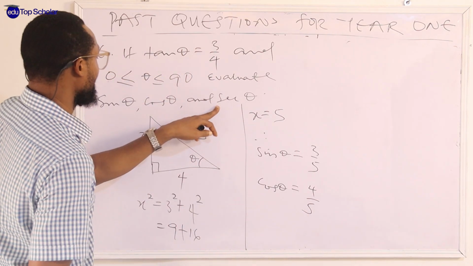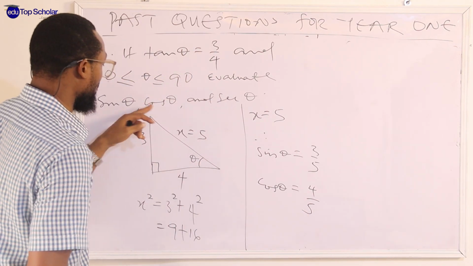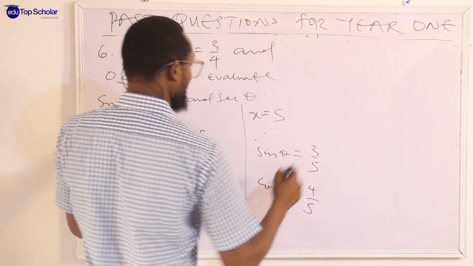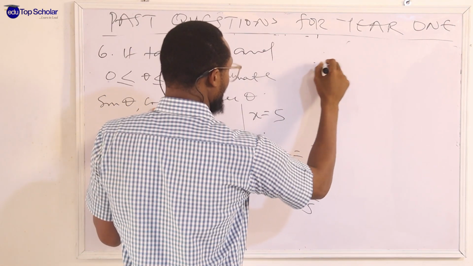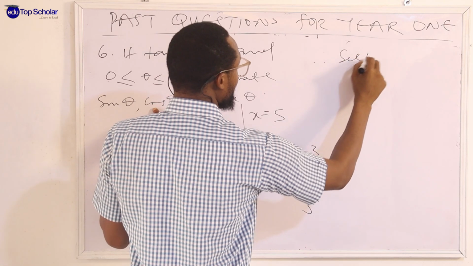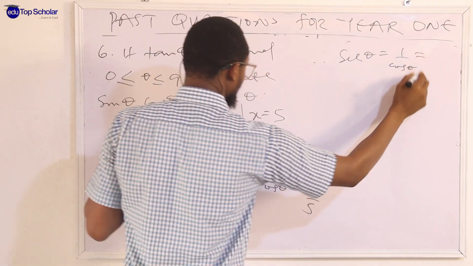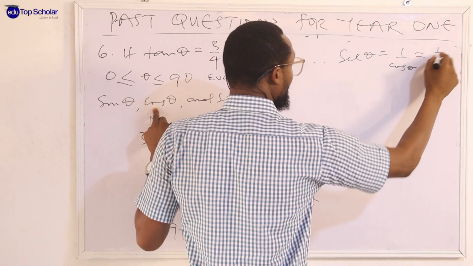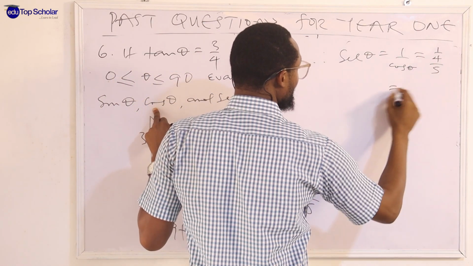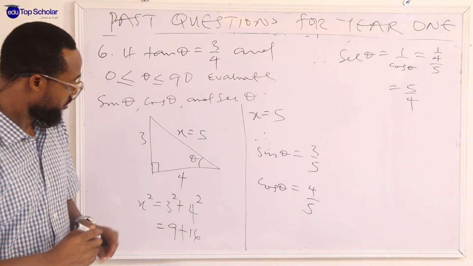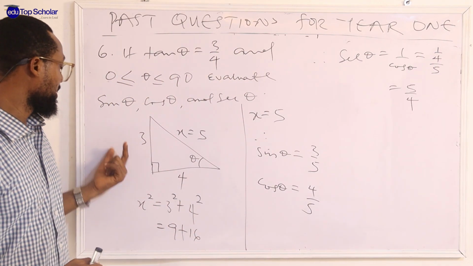And sec theta now, which is the reciprocal of cos, that is 1/cos theta, will be equal to 1 over 4/5. That will be 5/4.